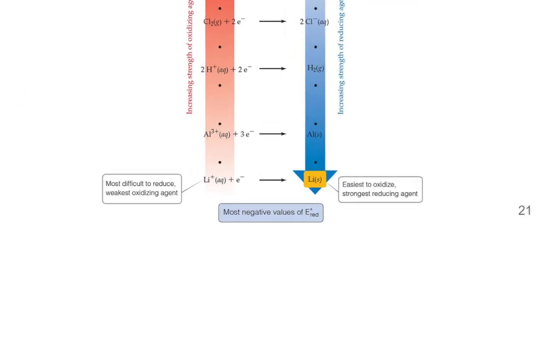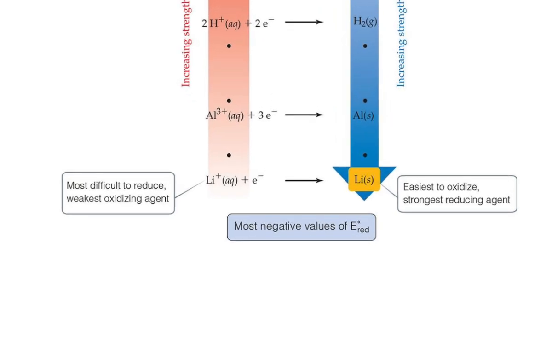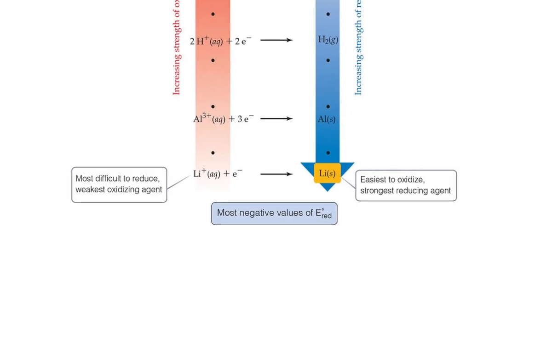At the bottom of the table, these are our most negative values of reduction potential. So for lithium ion plus an electron forming lithium solid, the reduction potential is minus 3.05 volts. The lithium ion is most difficult to reduce.